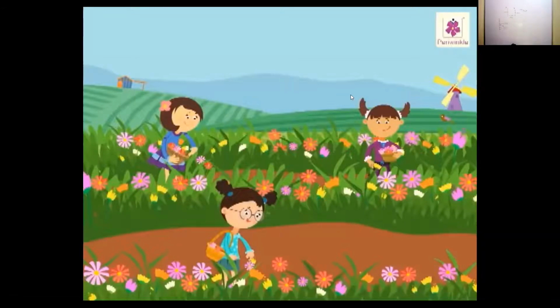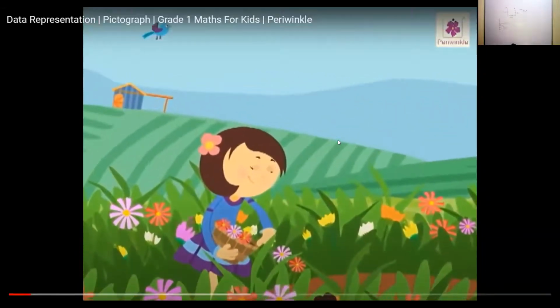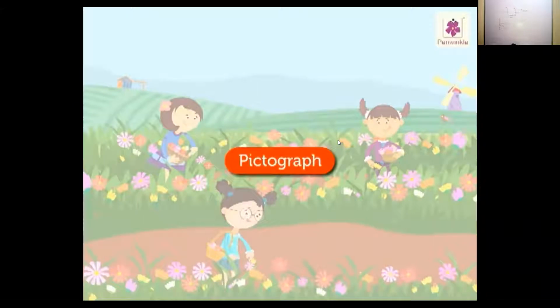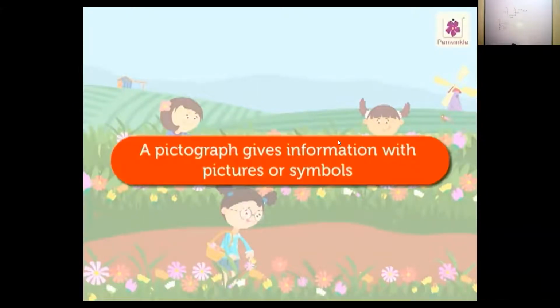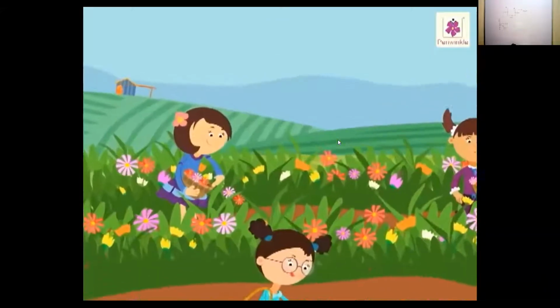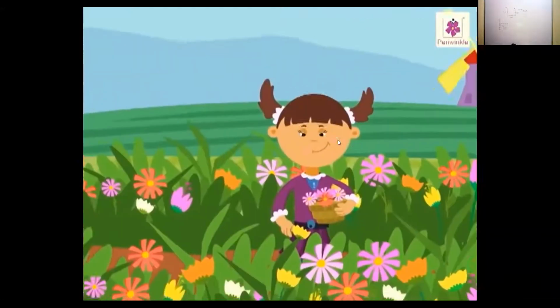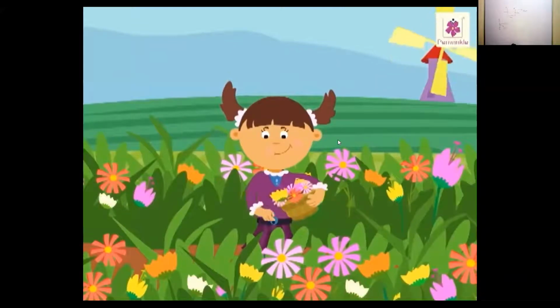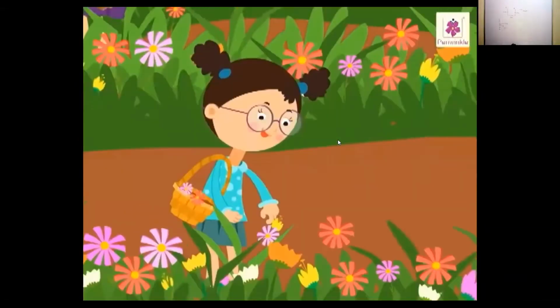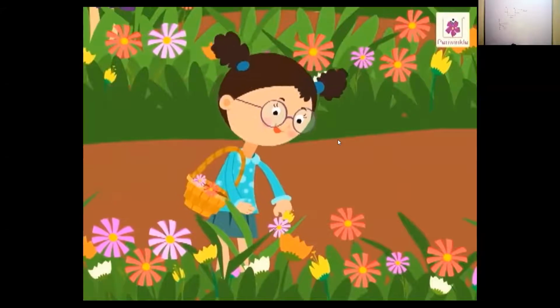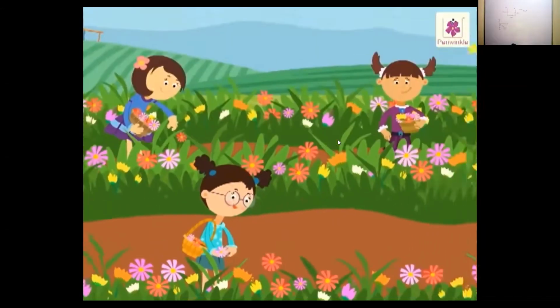Today, let's learn about another way of data presentation called pictograph. In this flower farm, a pictograph gives information with pictures or symbols. Look at the flower farm. Finny collected 5 flowers. Tanya collected 7 flowers. And Suzanne collected 4 flowers from the farm.